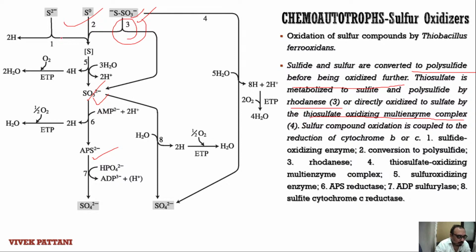So starting with the process, the sulfide will be converted into elemental sulfur with the help of the sulfide oxidizing enzyme. The second reaction will be the conversion of elemental sulfur to polysulfide.